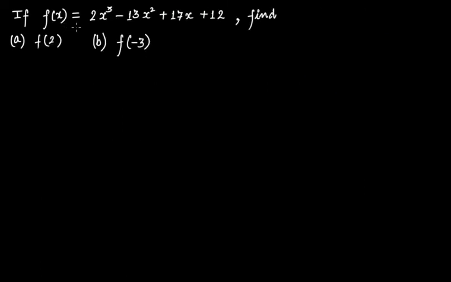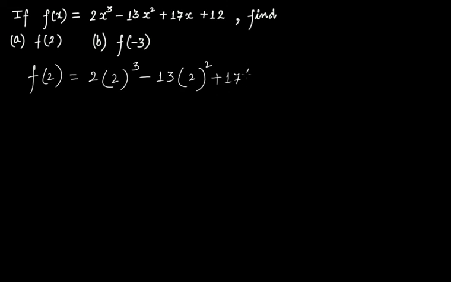If f(x) is equal to 2x cubed minus 13x squared plus 17x plus 12, find f(2) and f(minus 3). f(2) means that at the place of x you have to put 2. So this is 2 multiplied by 2 cubed minus 13 multiplied by 2 squared plus 17 multiplied by 2 plus 12.